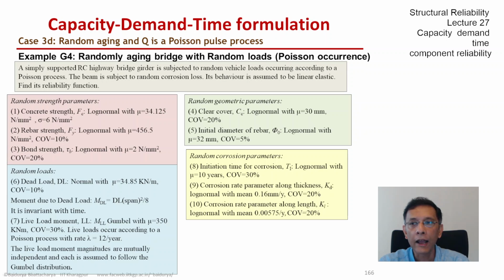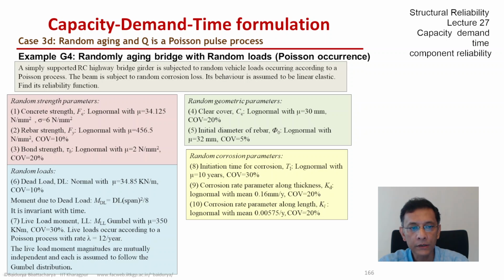We have three aspects covered there. One is the initiation time, because corrosion doesn't start from day one. It takes some time to penetrate, to break down the passive layer and so on. So we are taking the initiation time as a random variable.